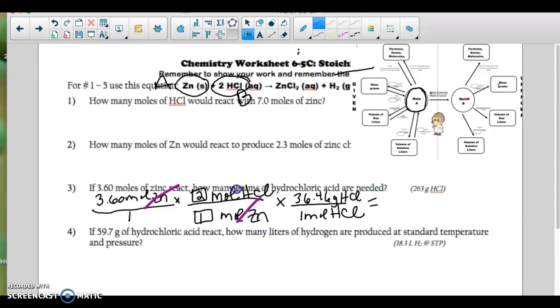And then again, you can see these cancel, and I'm left with grams. So then I would just calculate it by multiplying 3.6 times 2 times 36.46. And then I also want to do my significant figures. I have 3 here, so I'll end with 3. So my calculator says 262.512, but I'm going to round that with 3 sigs to 263.